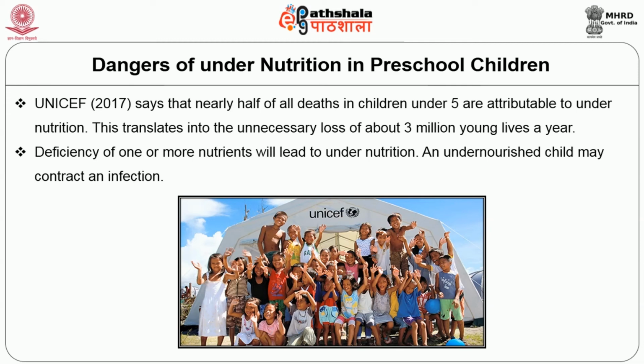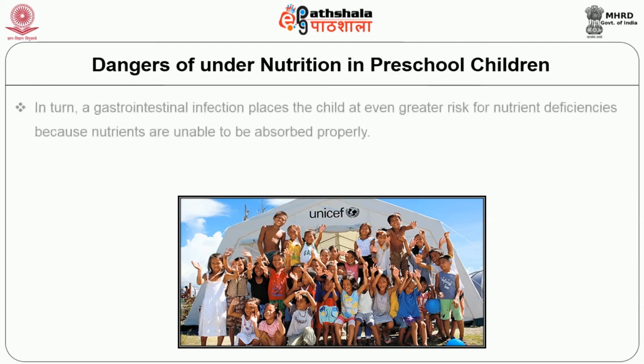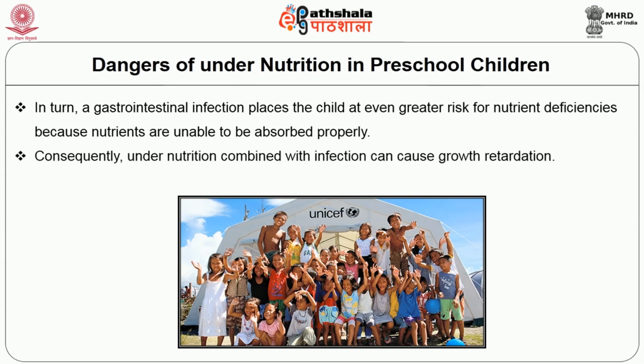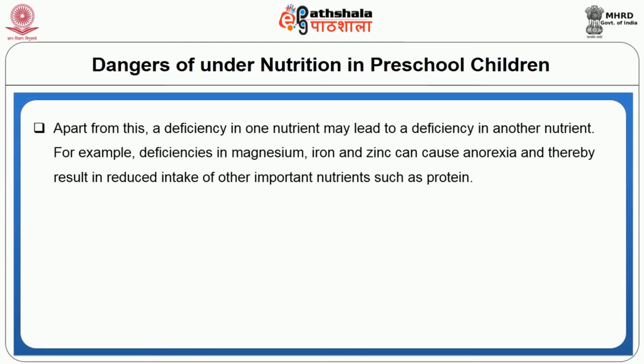An undernourished child may contract an infection. In turn, the gastrointestinal infection places the child at even greater risk for nutrient deficiencies because the nutrients are unable to be absorbed properly. Consequently, undernutrition combined with infection can cause growth retardation. Apart from this, a deficiency in one nutrient may lead to deficiency in another nutrient.